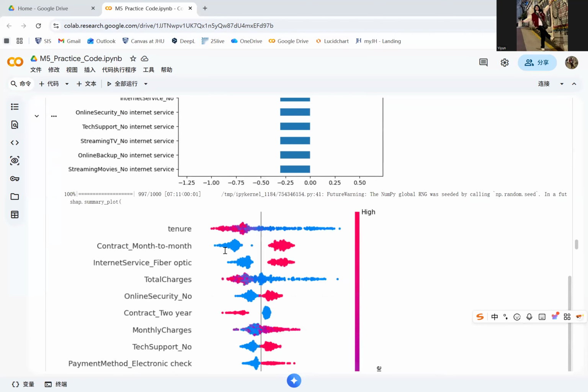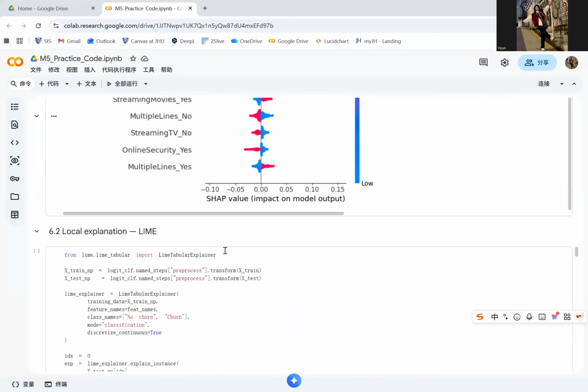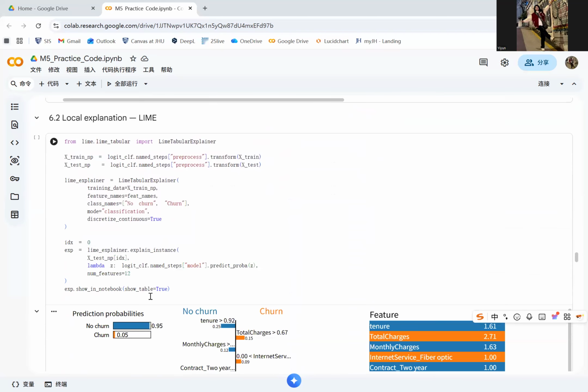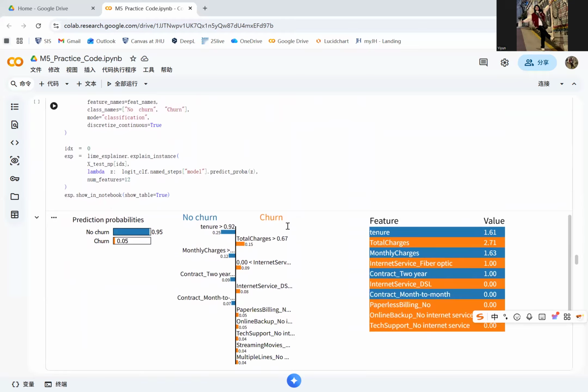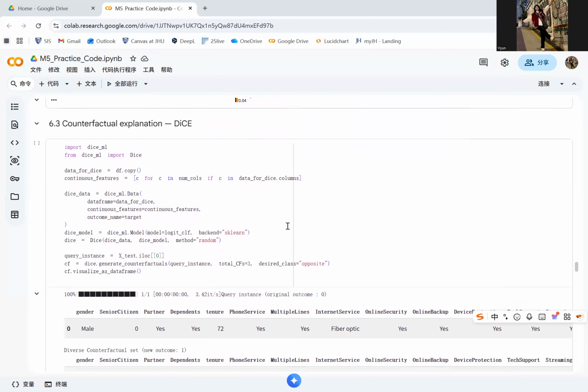I also implement counterfactual explanations using the DiCE framework. Counterfactual analysis identifies minimal changes that would alter the model's prediction.